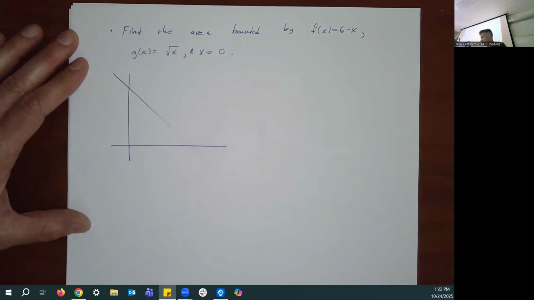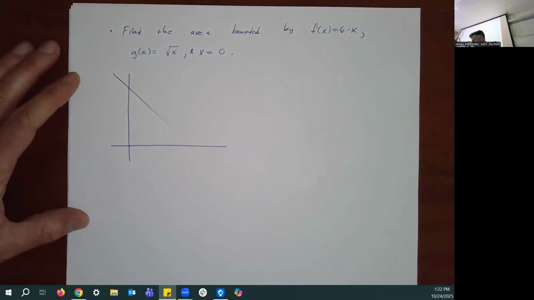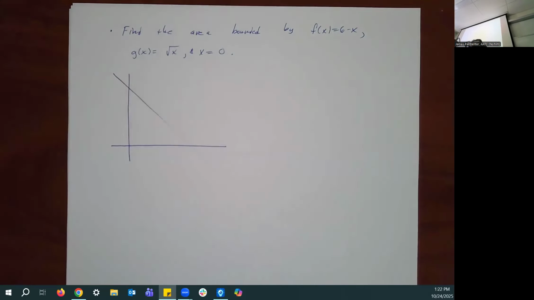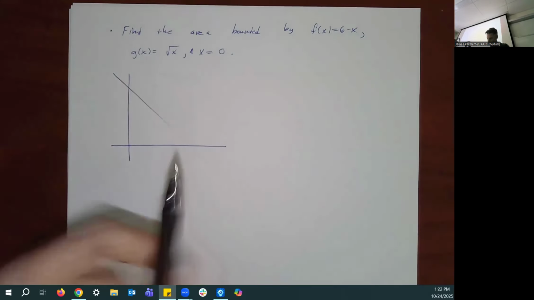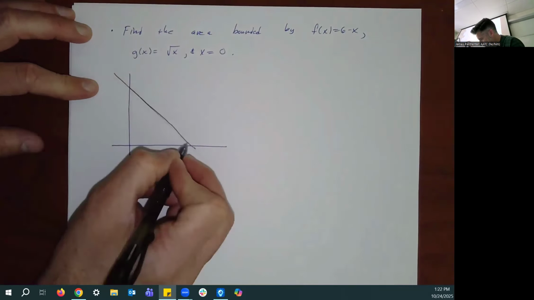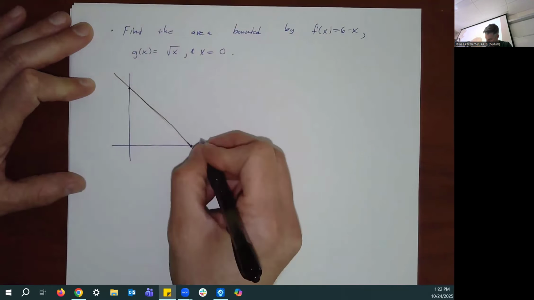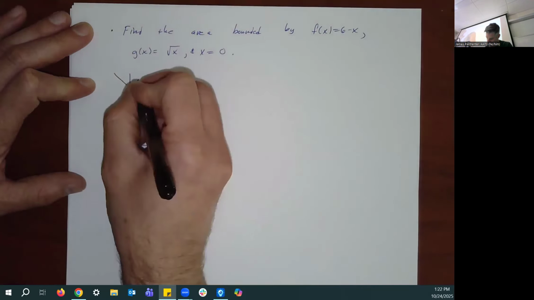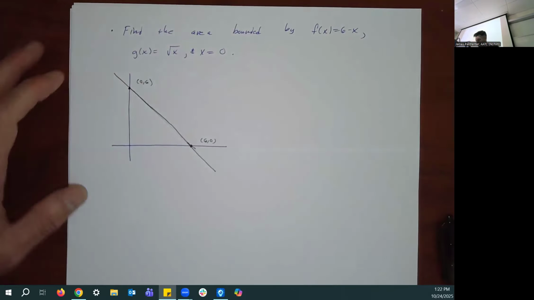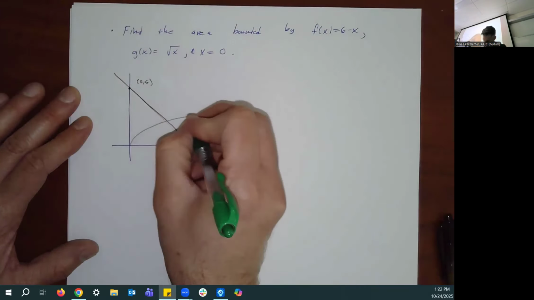Okay, here's 6 minus x, a straight line, slope is negative 1. X-intercept is 6, y-intercept is 6. So you have 6 comma 0 and 0 comma 6. And then we have our square root function. Looks like that.